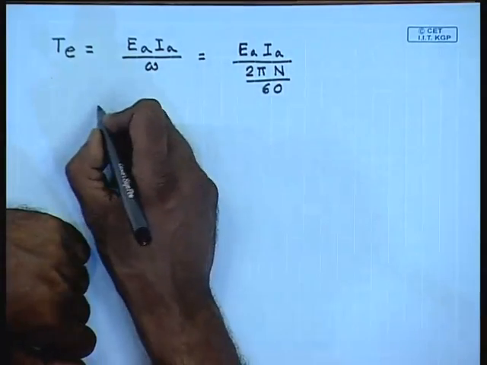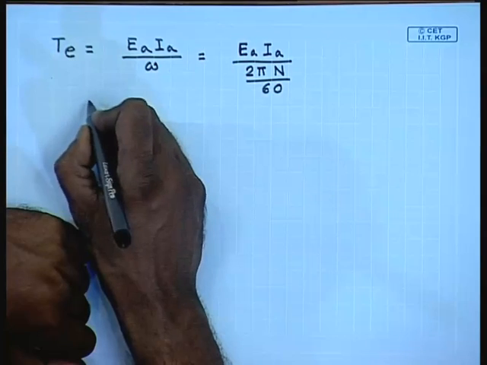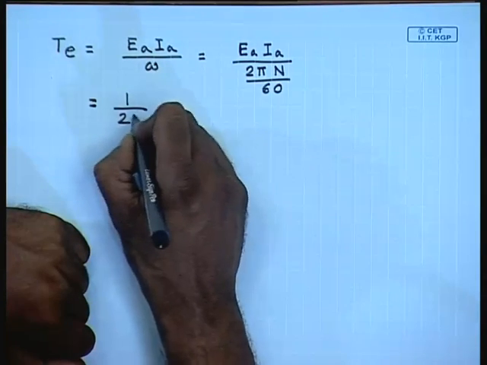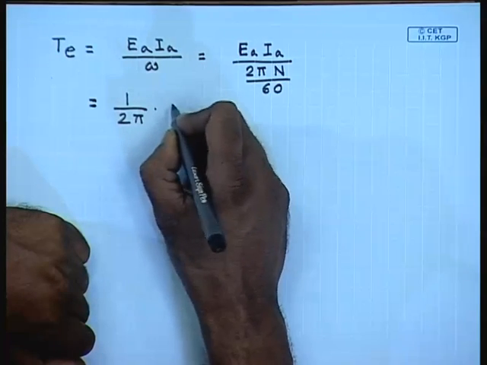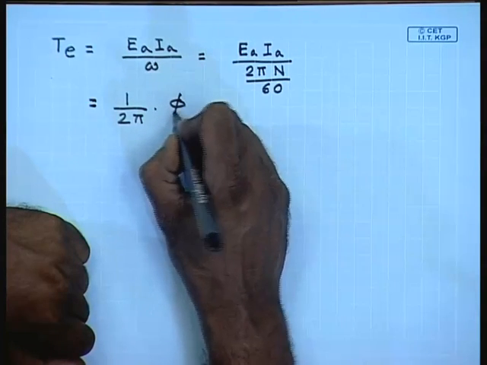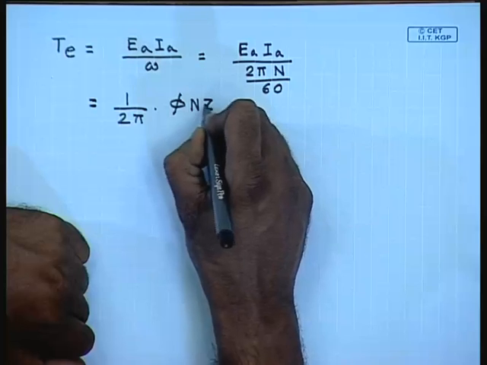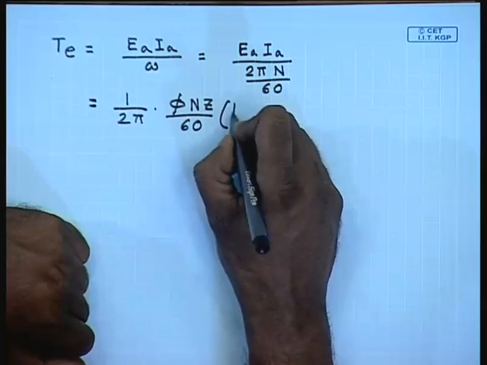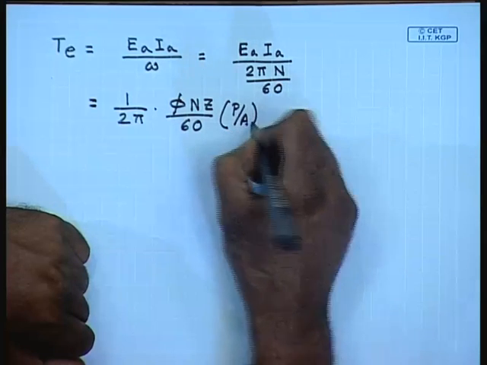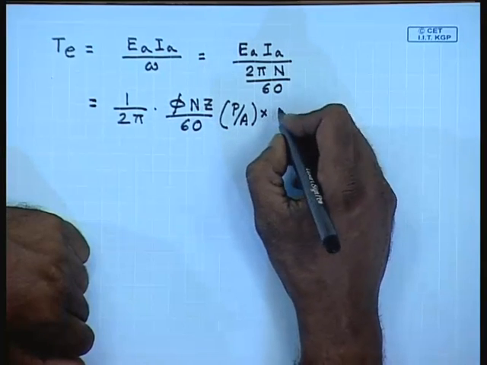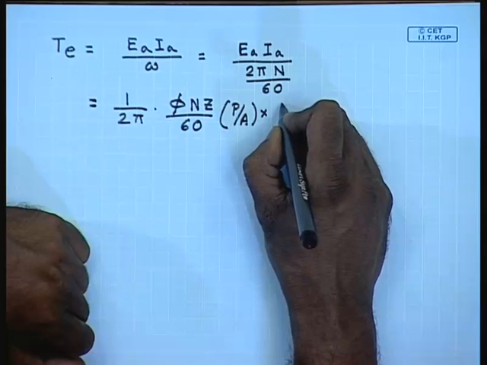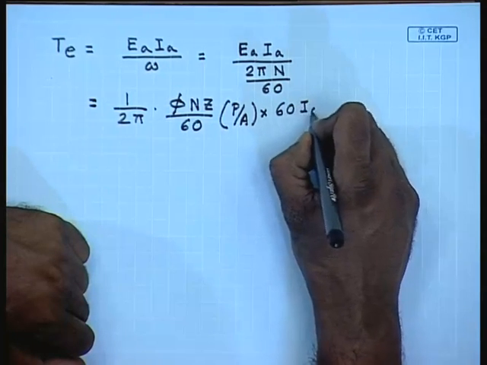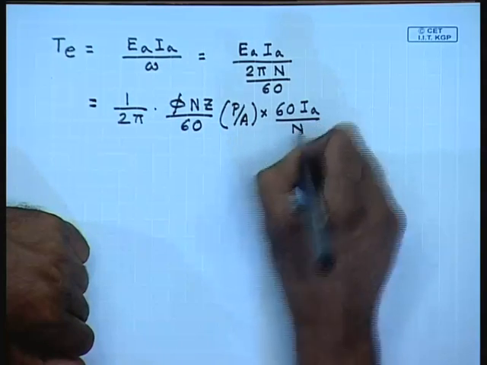So, this comes to 1 by 2 pi into phi n Z by 60 into P by A into 60 into Ia by n.